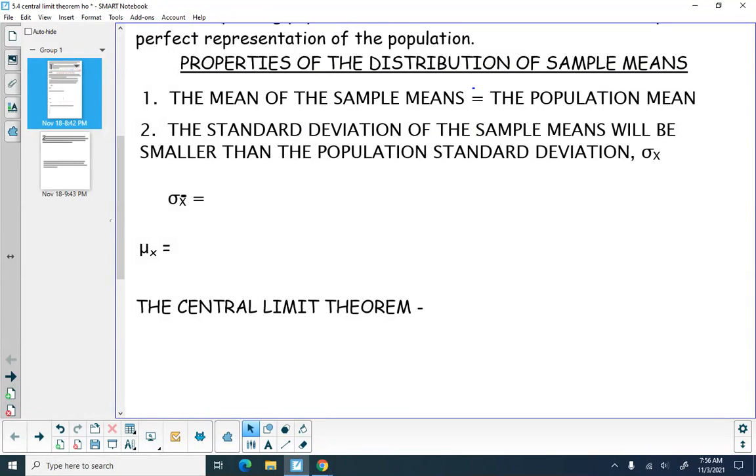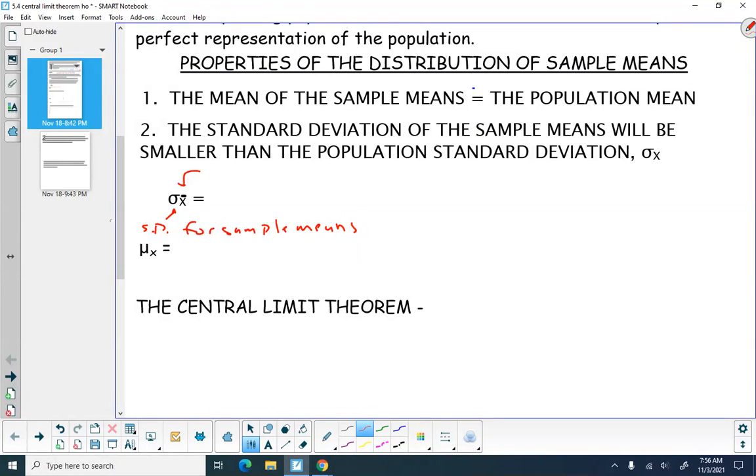Now this is standard deviation for the sample means. We have a sigma with an x bar there. Here we have sigma with just the x. This is the population standard deviation.